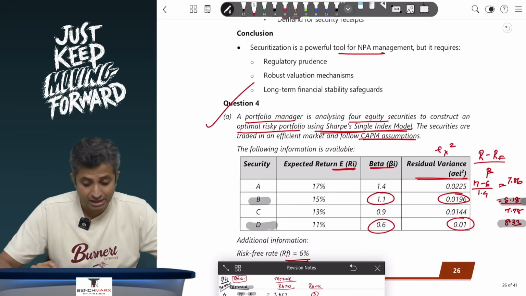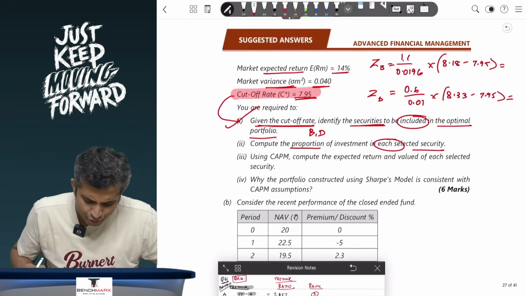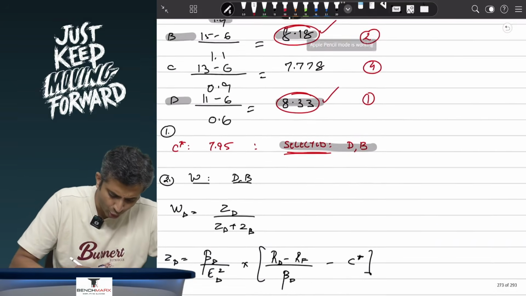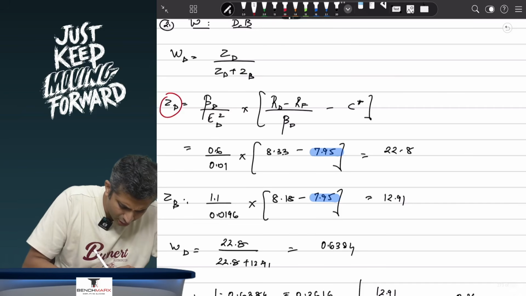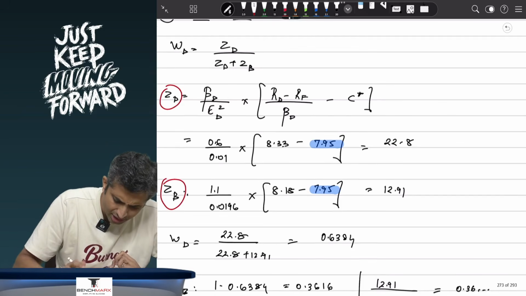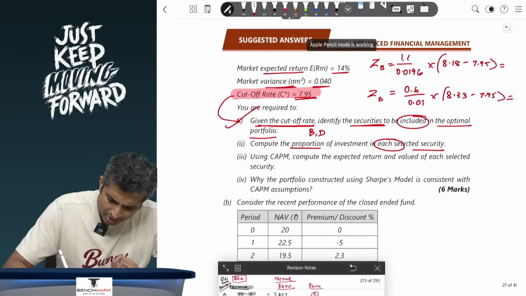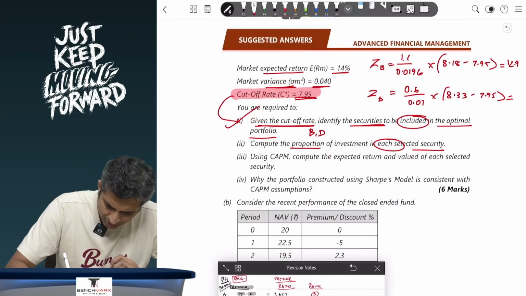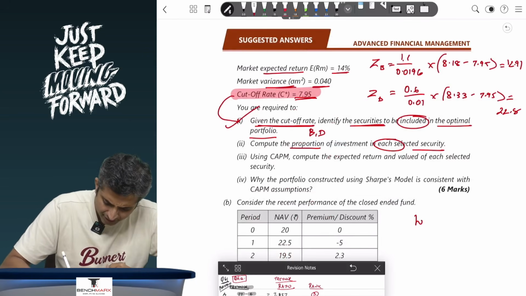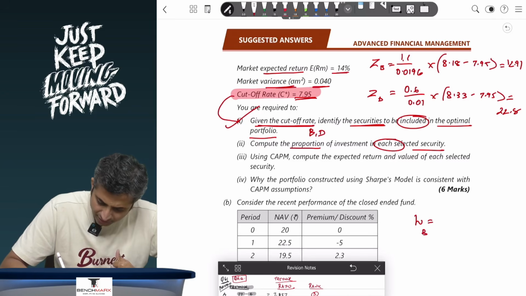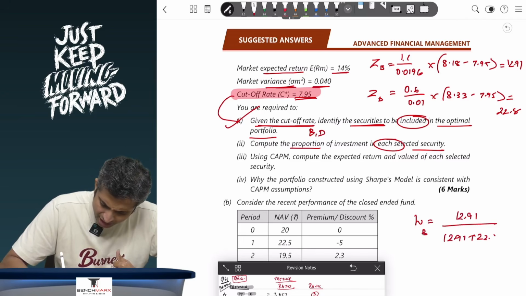This was the formula for finding the weights, which was done, I think, in question number 48 or something. This entire situation was there, and you find the two Z values. First, they are doing the Z of D, then they are finding the Z of B. Ultimately, this comes to around 22.8 for D and 12.91 for B. Now, if I want to find the weights, the weight of B is the Z of B, which is 12.91, upon 12.91 plus 22.8, that is 35.71.